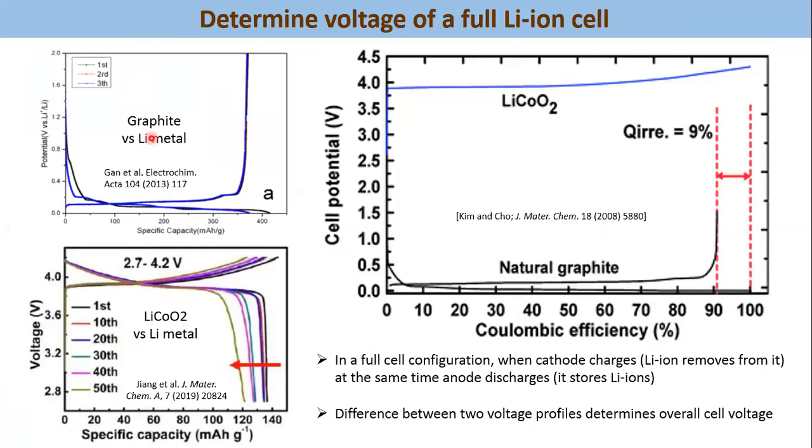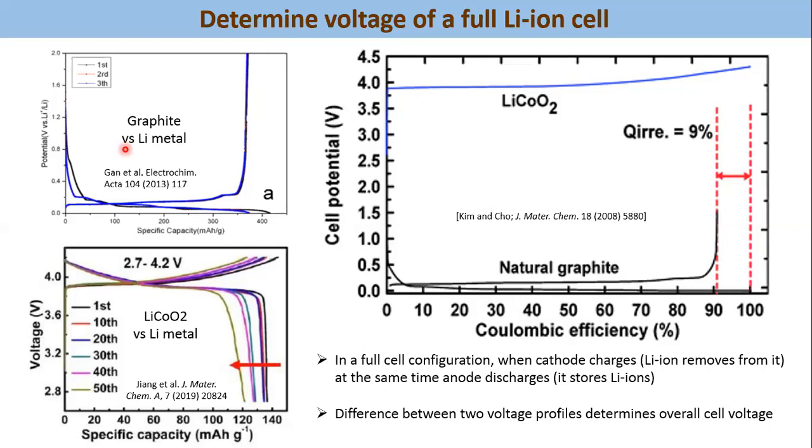Okay. Now what you do? So in graphite, the charge stores around 0.2 volt, and in lithium cobalt oxide, you can remove lithium at 3.9 volt or 3.8 volt. In graphite you can store lithium at 0.2 volt.